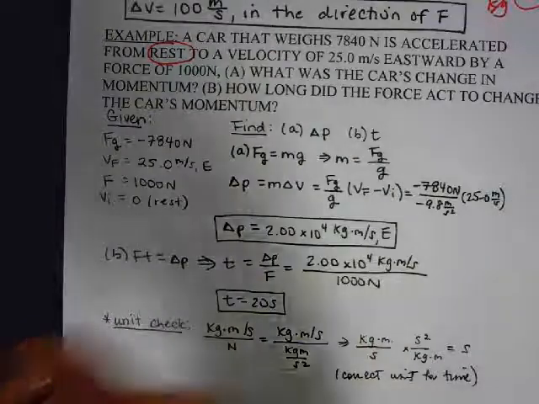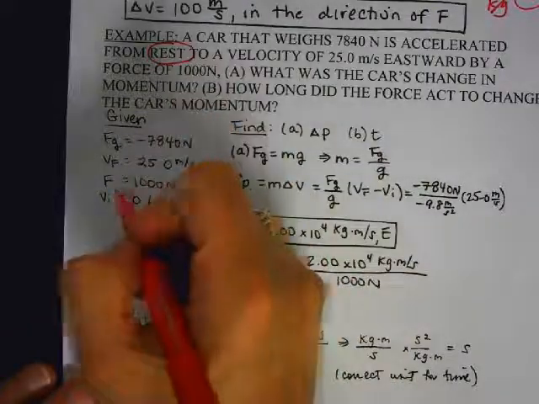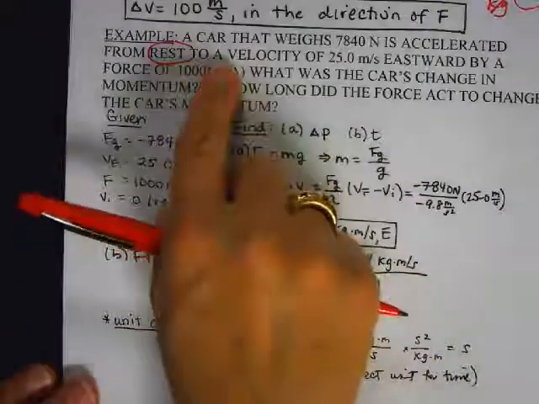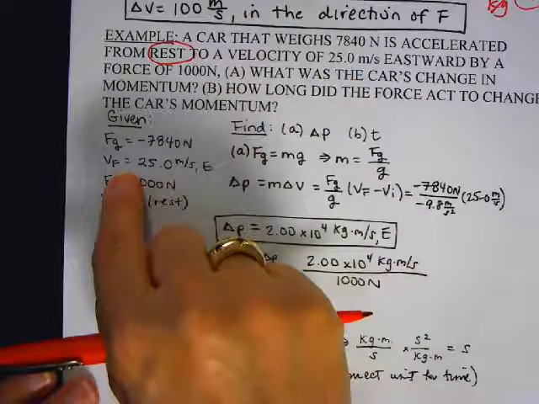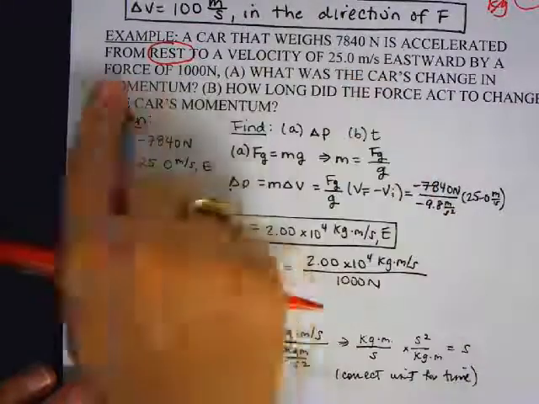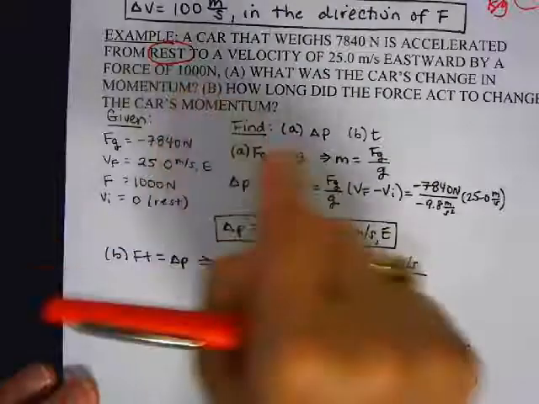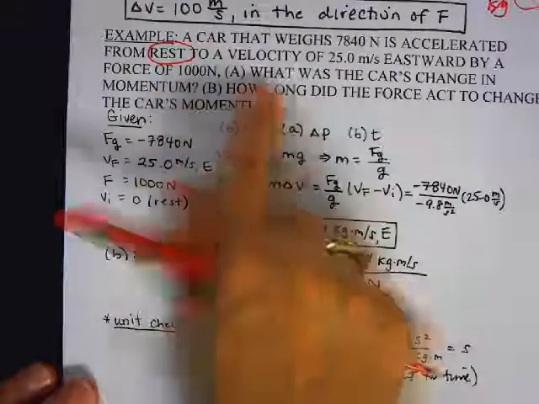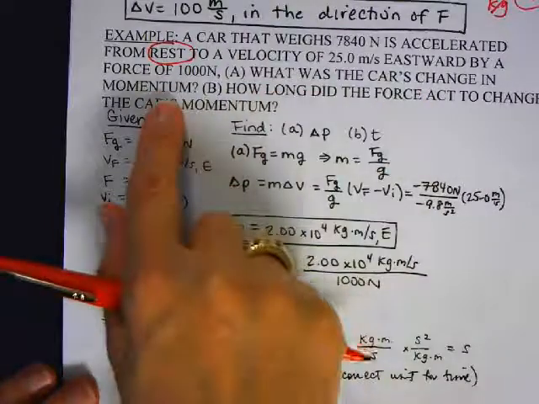Just write down your givens. So VI is 0, to a velocity of 25, so that's VF, eastward by a force of 1,000 newtons. Okay? What is the car's change in momentum?